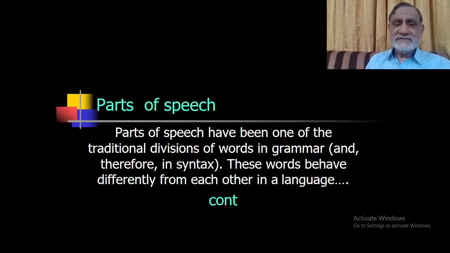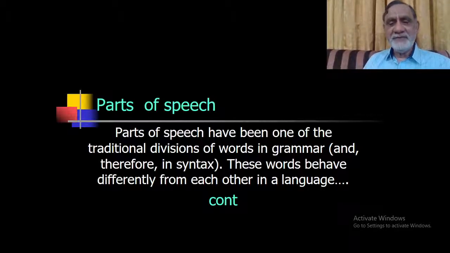So words form parts of speech. Parts of speech of any language have been one of the traditional divisions of words in grammar, and since they are concerned with grammar, syntax is part of grammar. These words behave differently from each other in language.